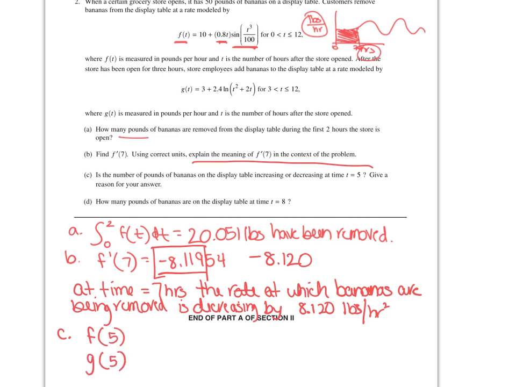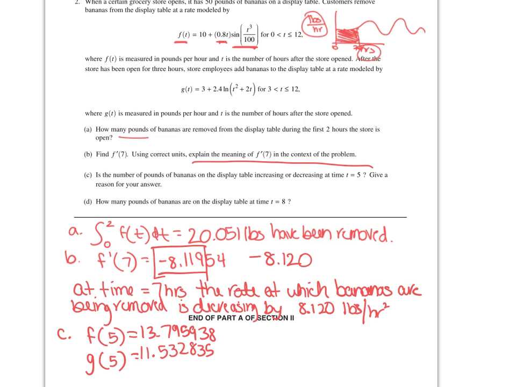We want to see if more are being removed or more are being put back on the table. When we plug in F of 5, we get 13.795938. When we evaluate G of 5, we get 11.532835.